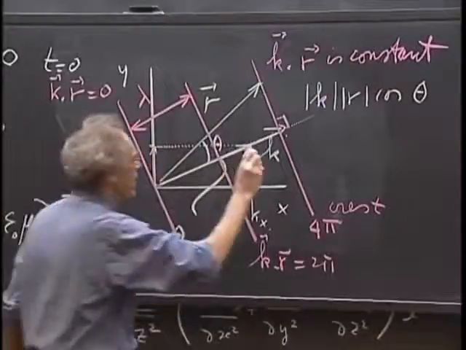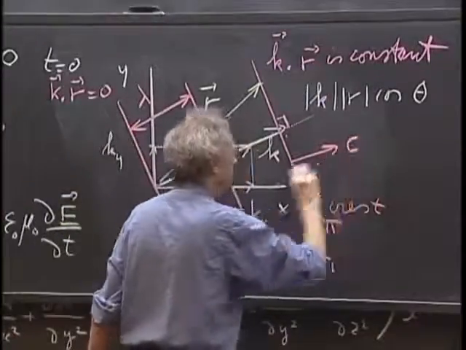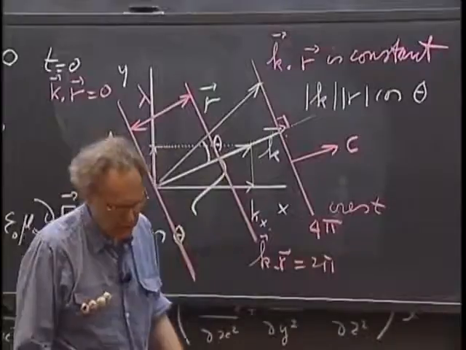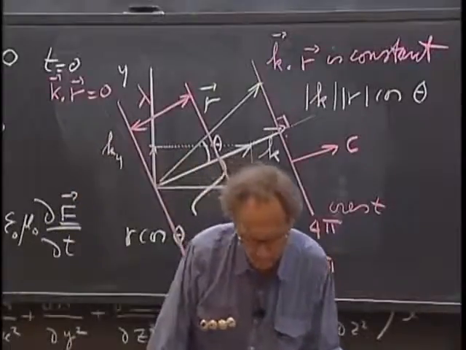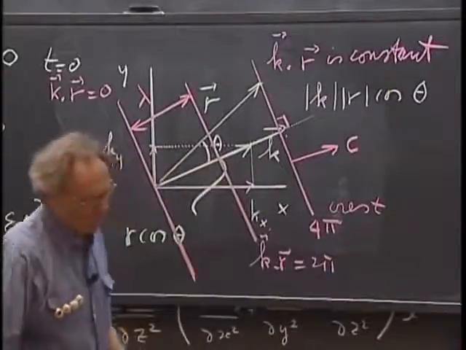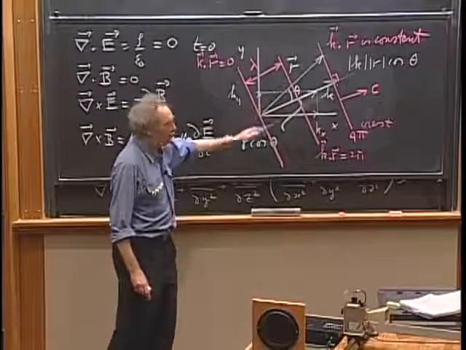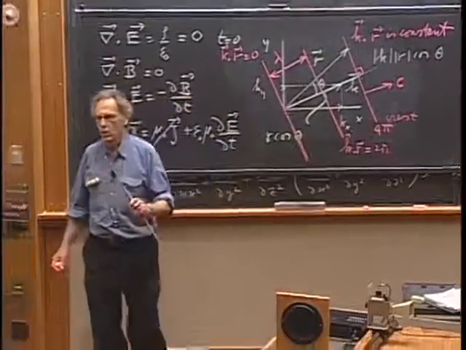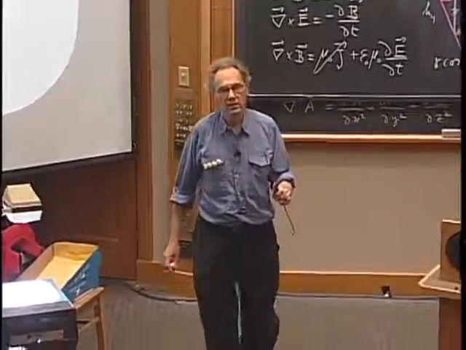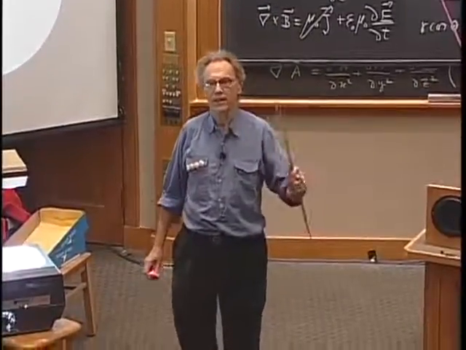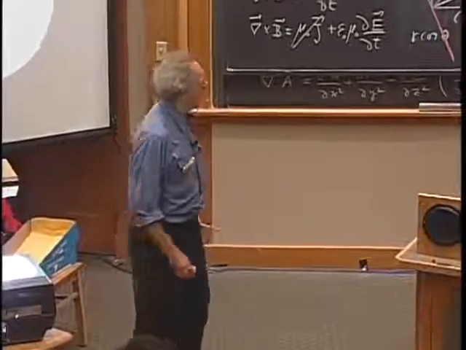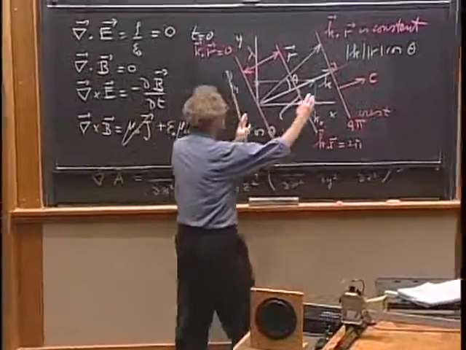And this whole thing moves out in space with speed c. And so you see the lines k dot r perpendicular to k represent the maxima of the E vector at this moment in time, and all that starts to move out.